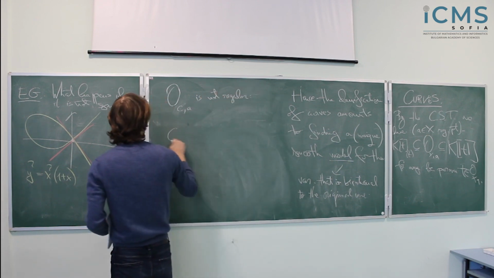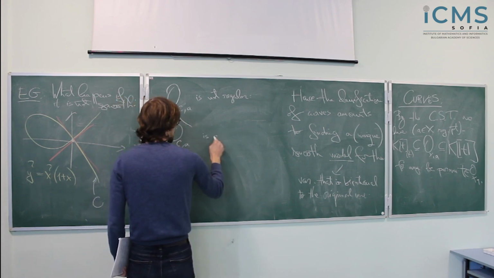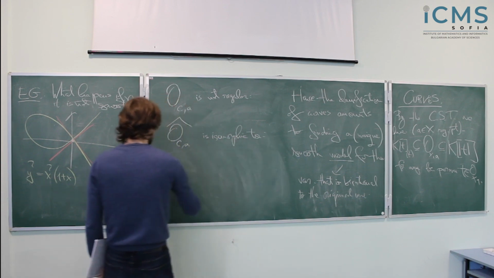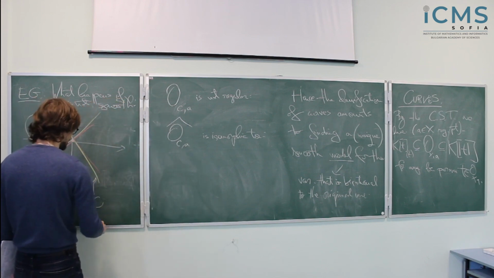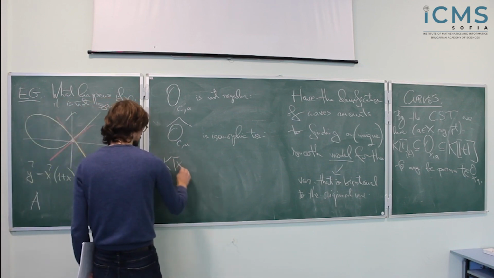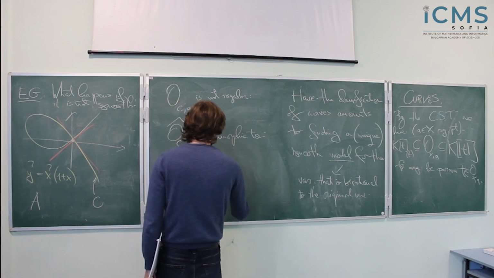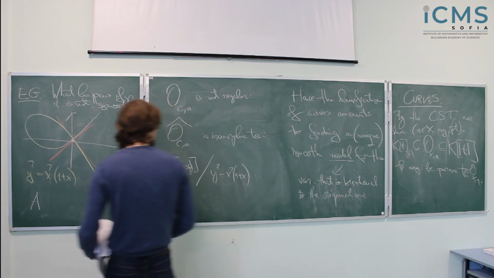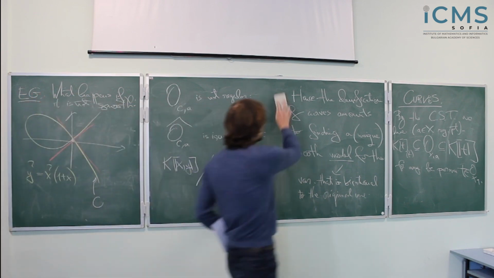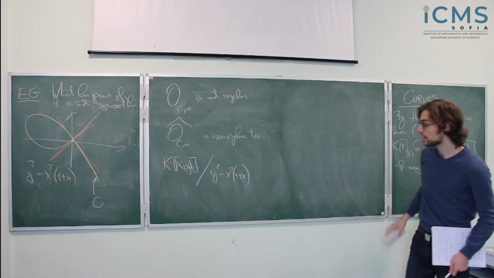In fact, we can see that by looking at the completion, which is isomorphic to C[[x,y]] divided by its equation. This equation, which was irreducible in the polynomial ring, becomes reducible.